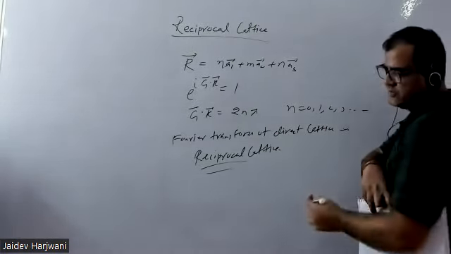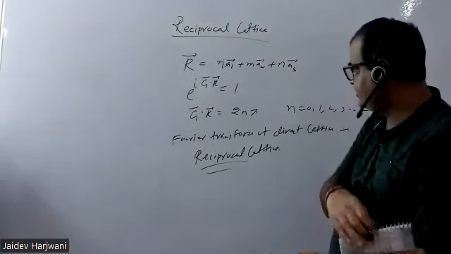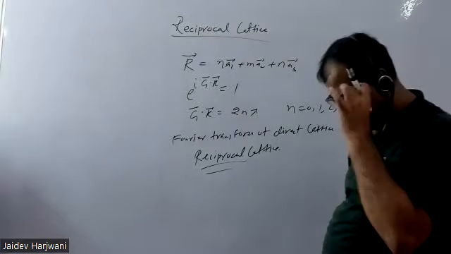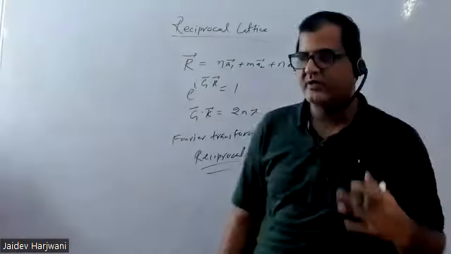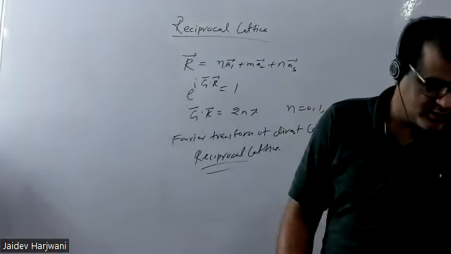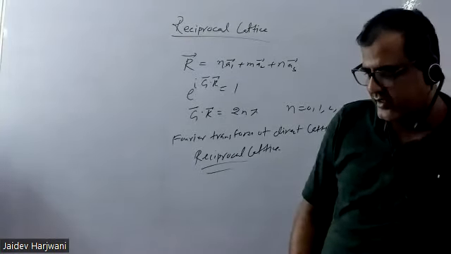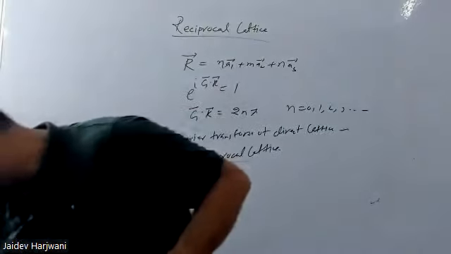Reciprocal space is nothing but K space or momentum space. The Wigner-Seitz cell of the reciprocal lattice is called the Brillouin zone.